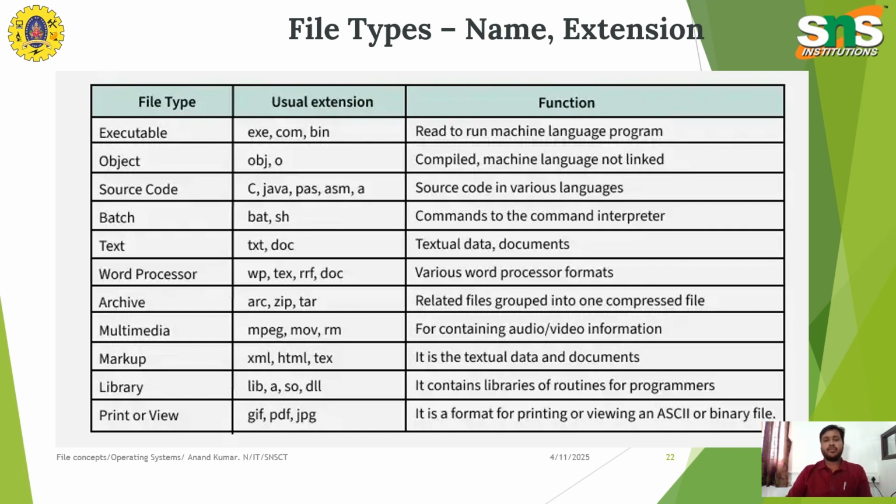This is one of the most important files used by the operating system, that is .lib, .so, and .dll. It contains a library of routines for programs. And next we have an exclusive type, what we call the print or view type. We use the common extensions .jpg, .pdf, .gif for formatting, printing, or viewing ASCII binary files.